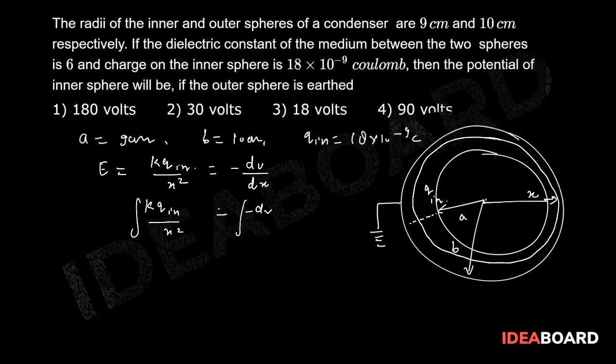If you integrate both sides, we are starting from A going towards B, and here also we are starting from A going towards B. So this will be VA, this will be VB, correct?